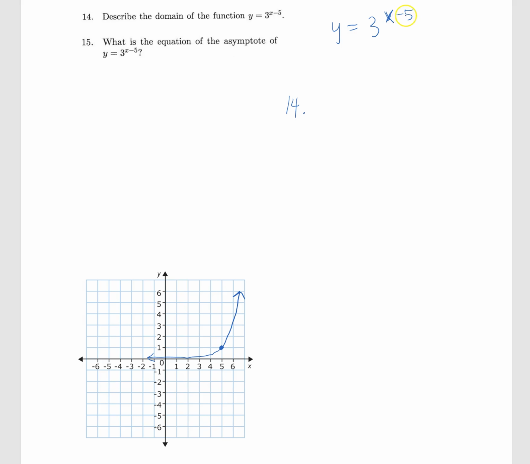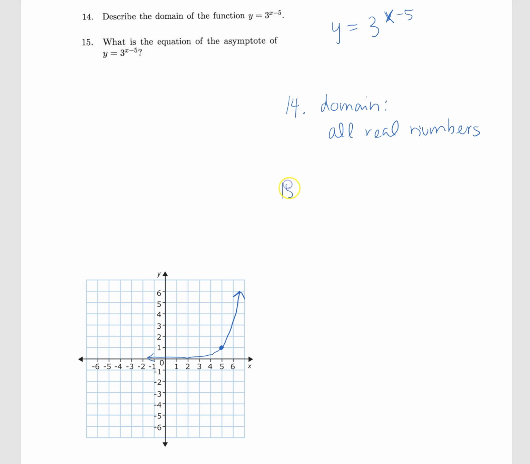There's no limitations on x, because as it gets greater than 5, this is going to increase, and as it gets smaller than 5, and even into the negative numbers, this function is still defined. So the domain for the possible x values is all real numbers. That's the answer for question 14.